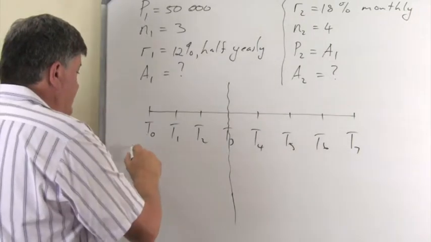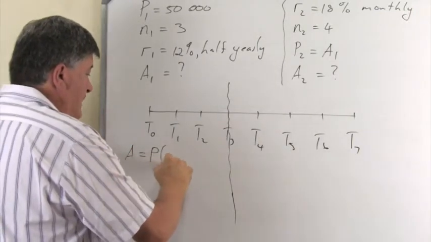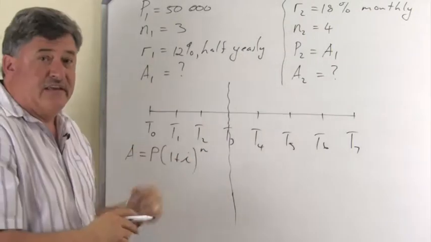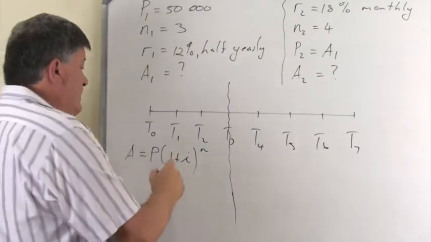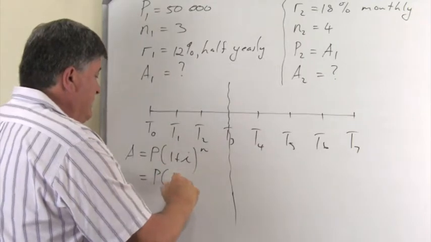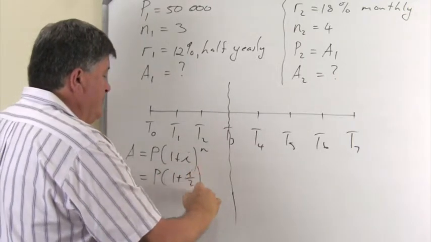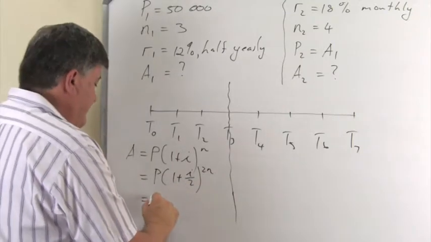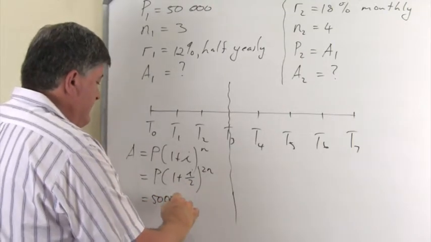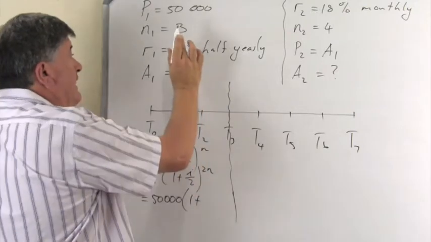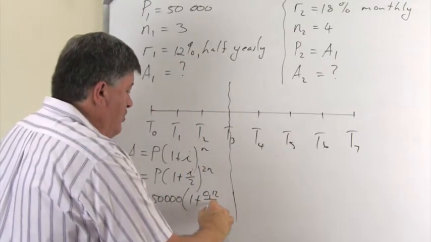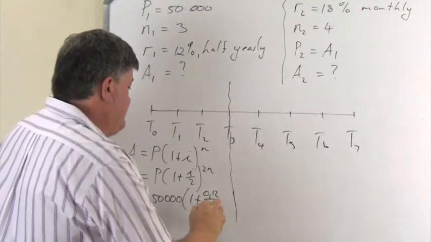So we're going to use our compound interest formula of 1 plus i to the n. This is half yearly, so we're going to adjust this formula to i over 2 to the n. We're going to substitute our 50,000 Rand. The 1 plus, the i here is 12%, so it's 0.12 over 2.